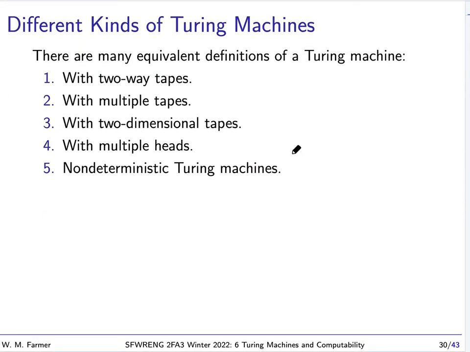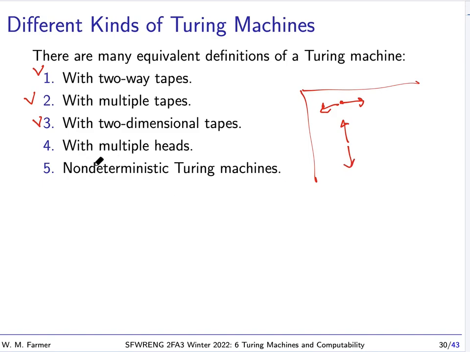Now, there are many equivalent definitions of a Turing machine. Some of them have two-way tapes. Some of them have multiple tapes. Some have a two-dimensional tape, so that's maybe a tape that looks like this, where the head can go this way, or it can go up and down.